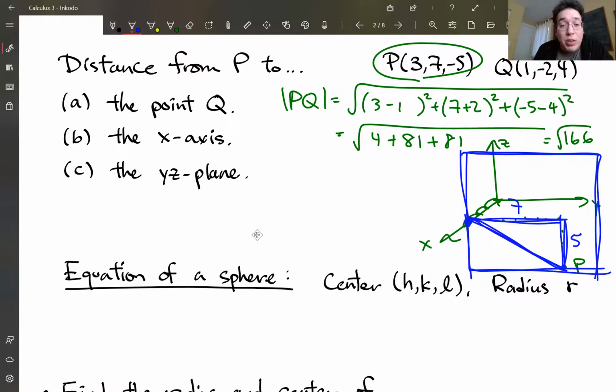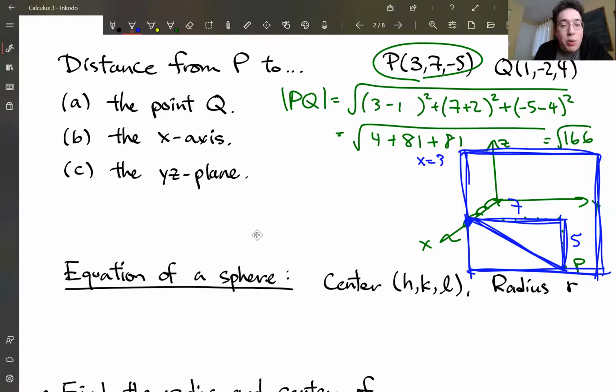So when you're looking at the distance from the x-axis, you could just look at this blue plane, which is parallel to the YZ plane. And the equation of this plane is when x is equal to 3. Okay. So you can compute the distance to the x-axis that way. I think I'm going to leave that up to you.